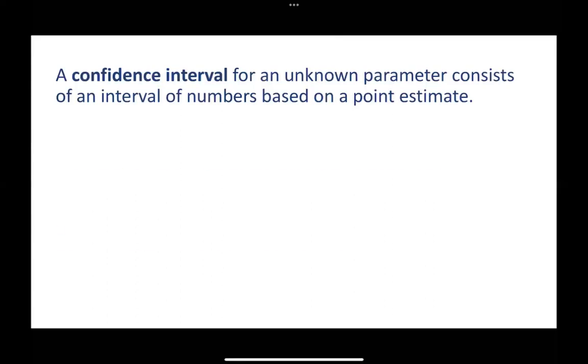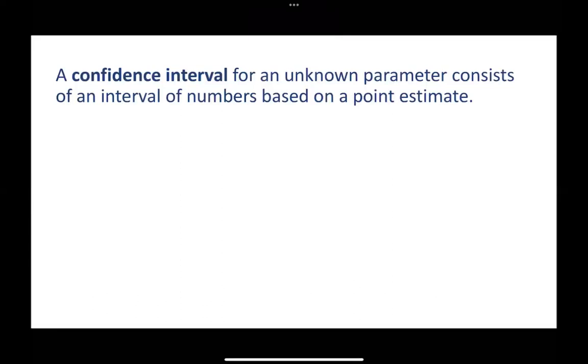So basically, if I want to estimate the percent of people that have dogs in their house, I can create a confidence interval by taking a sample, and then I would say the number of people that have dogs in their house is about 58% plus or minus 3%. That gives me a confidence interval.